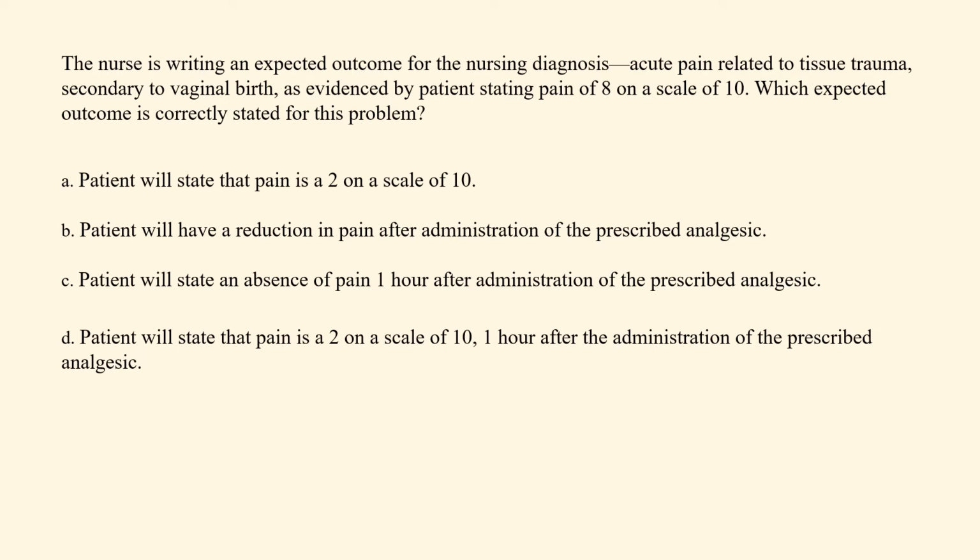B. Patient will have a reduction in pain after administration of the prescribed analgesic. C. Patient will state an absence of pain 1 hour after administration of the prescribed analgesic. D. Patient will state that pain is a 2 on a scale of 10, 1 hour after the administration of the prescribed analgesic.